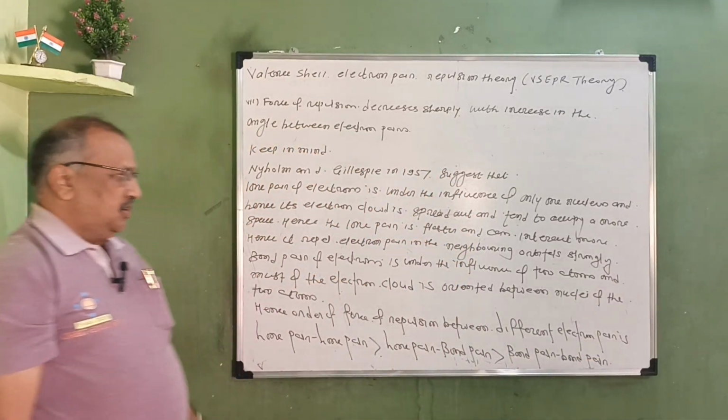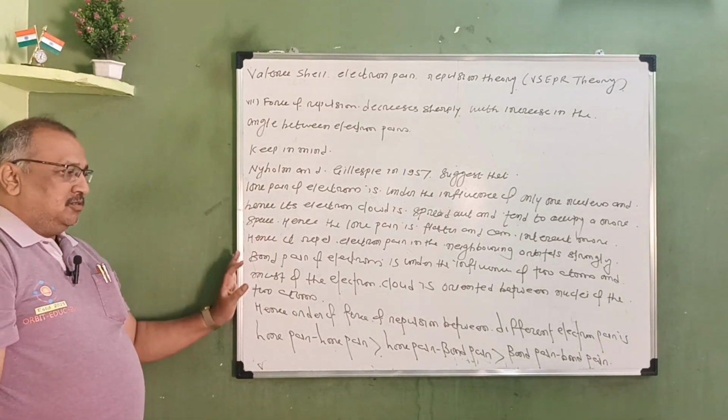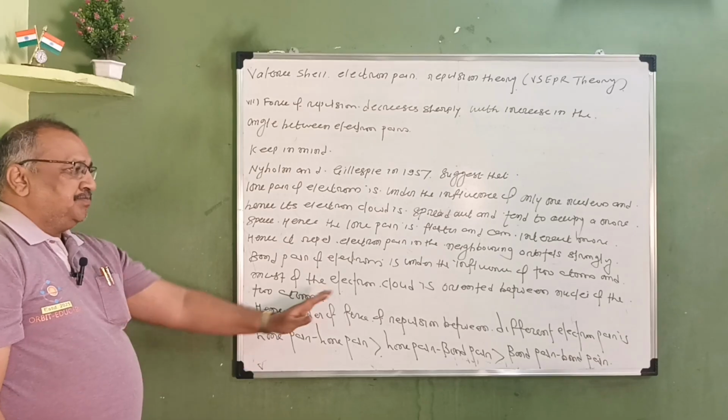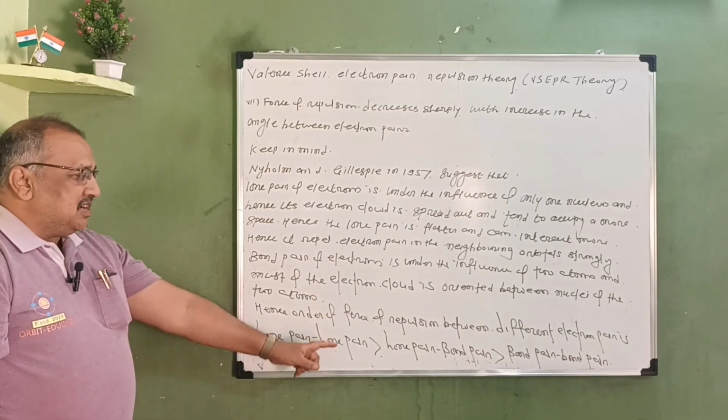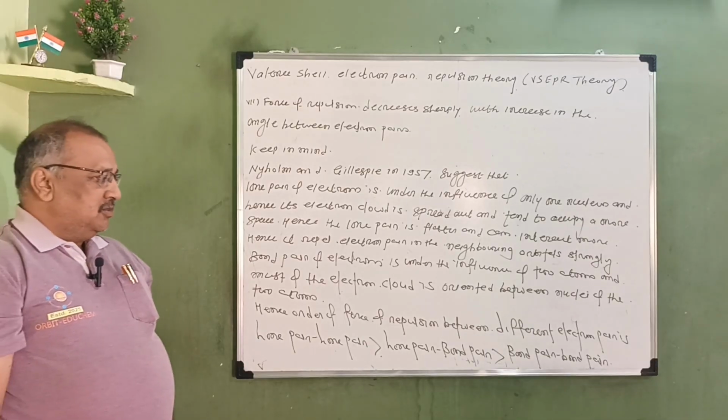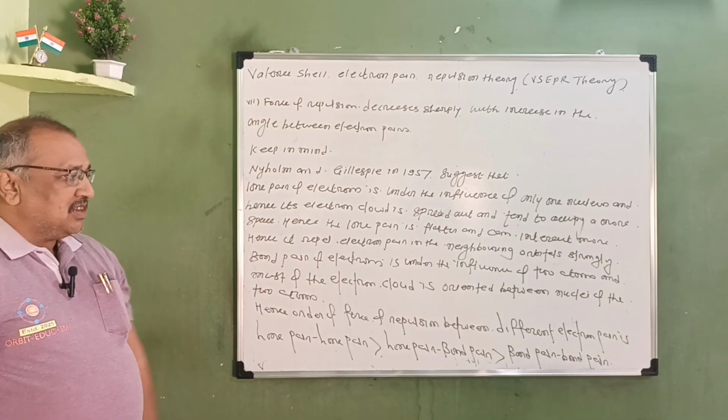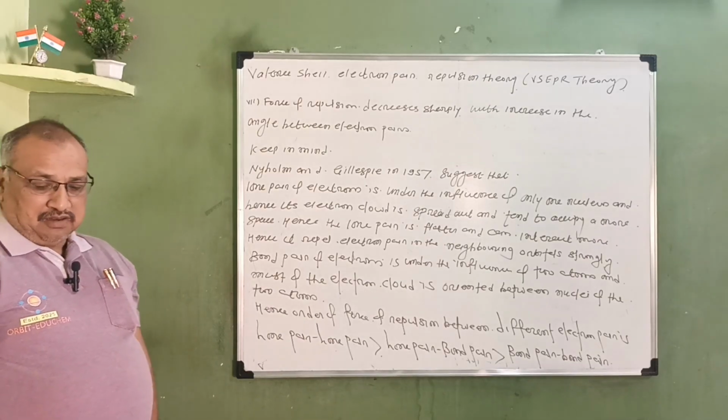Now this is the reason for the force of repulsion between lone pair–lone pair being greater than lone pair–bond pair, which is greater than bond pair–bond pair.